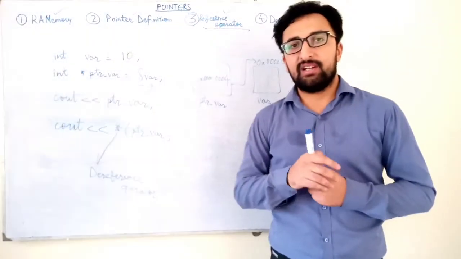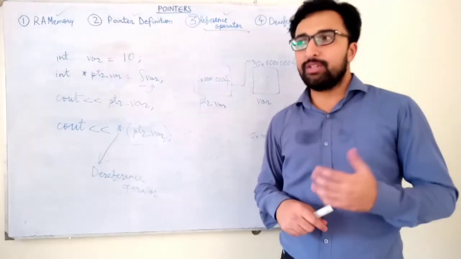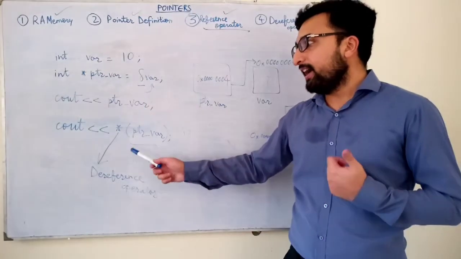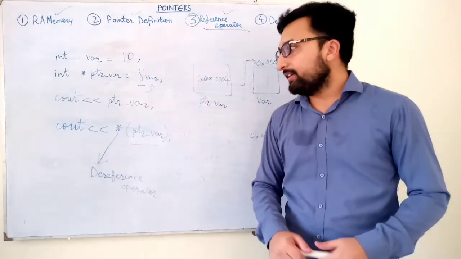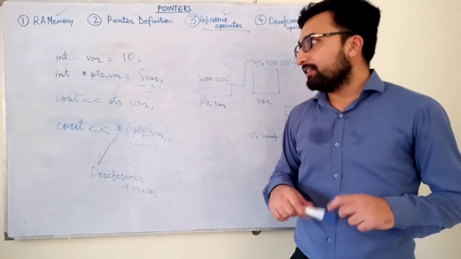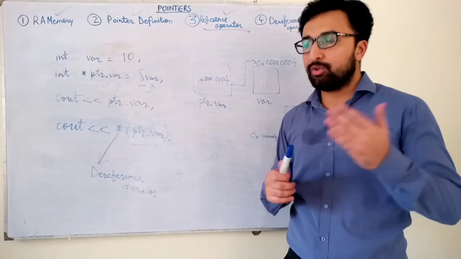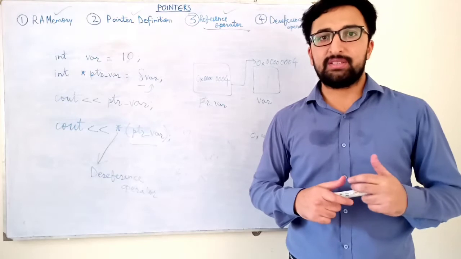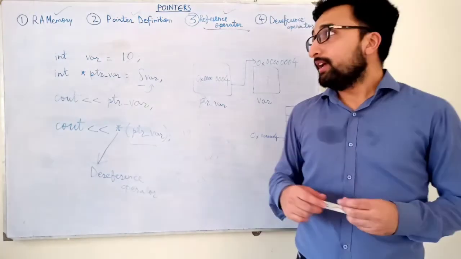We started with the understanding of RAM, then we saw how pointers are defined, how they are different from simple variables. Then we saw the reference operator, and after that we saw the dereference operator. The dereference operator should not be confused with the asterisk that is used during the definition of the pointer. Similarly, the reference operator on the right side of the equation should not be confused with the ampersand sign that is used while defining reference variables.